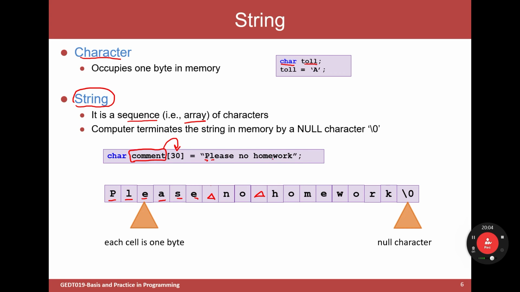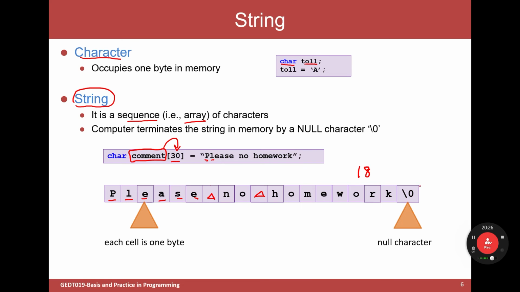Let's count how many characters this is: 1, 2, 3, 4, 5, 6, 7, 8, 9, 10, 11, 12, 13, 14, 15, 16, 17, 18. So this is 18 characters, but I reserved 30. So how many characters remain empty?